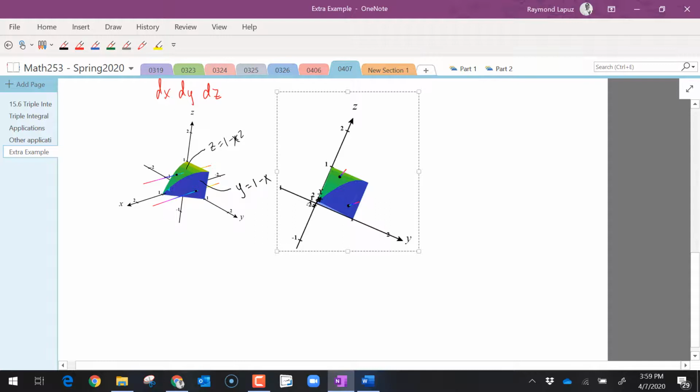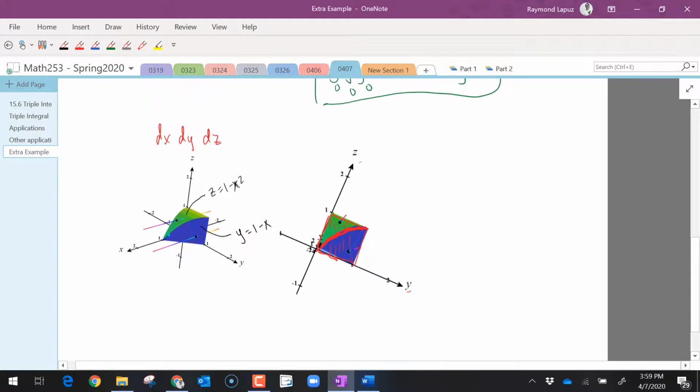And what happens here is that in the two integrals that we're going to have, your integral with respect to y and z is not just this box, but it's going to have to split up based on this curve over here. So this part of the curve is going to be different from this part of the curve. Okay, so we need to know what that curve is.